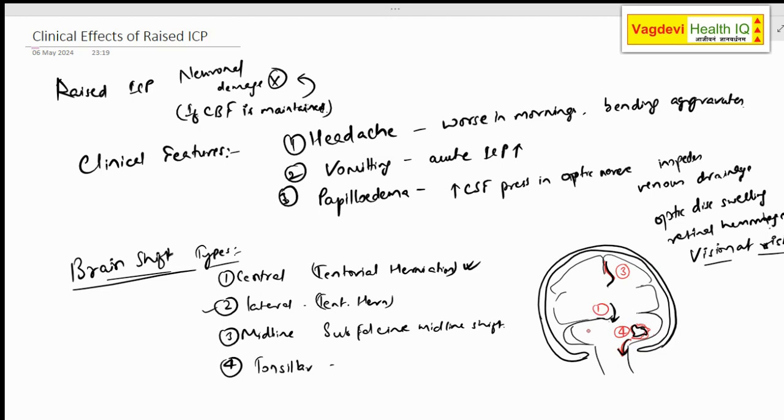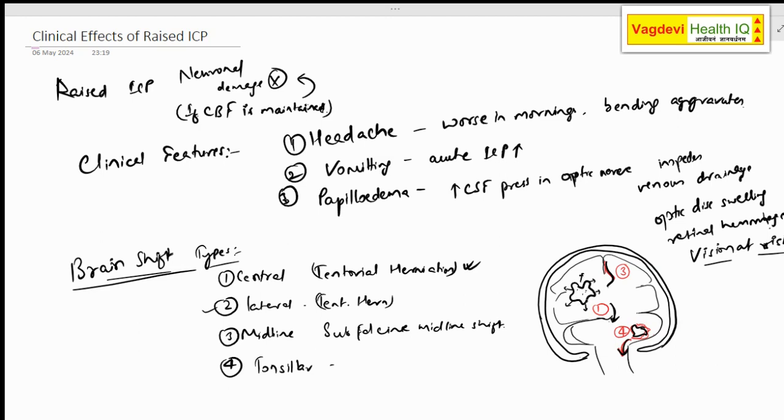Where could be number 2? Unilateral. Suppose there is an intracranial mass which is expanding in one part of the brain, causing pressure on all its surroundings. It will cause the tentorial herniation of lateral type.